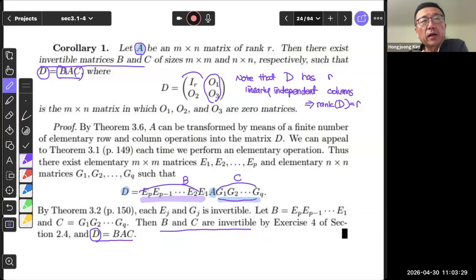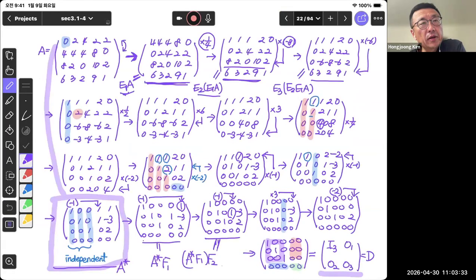So given A, if I transform A into some matrix like this D, then this D has rank 3. And that means A has rank 3. And actually, all the matrices appearing in this slide will have the same rank 3.